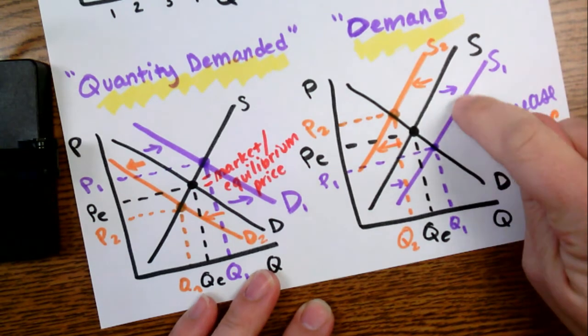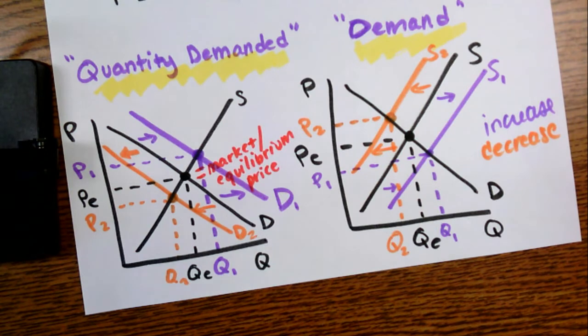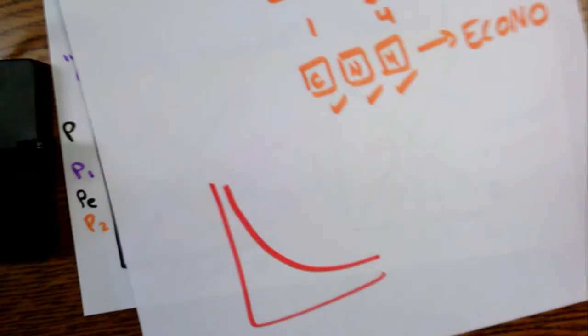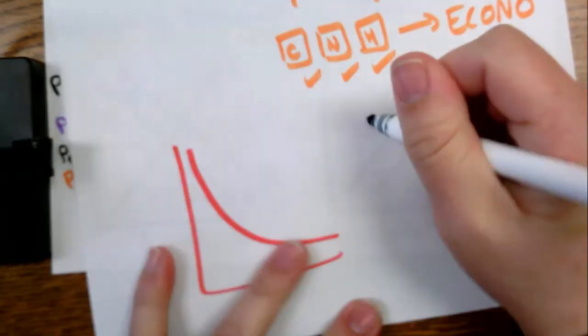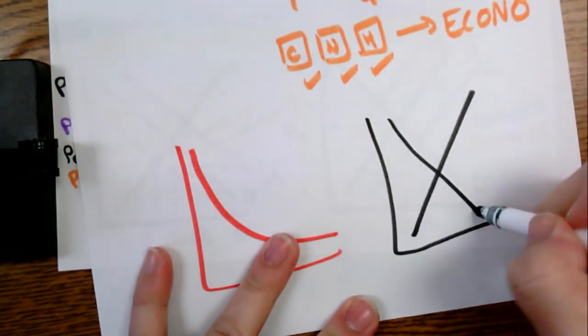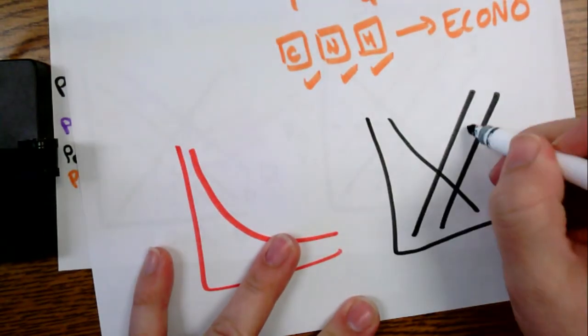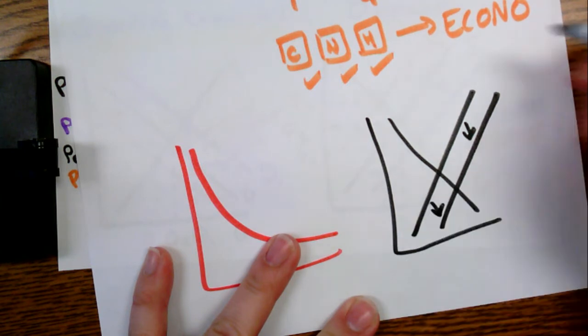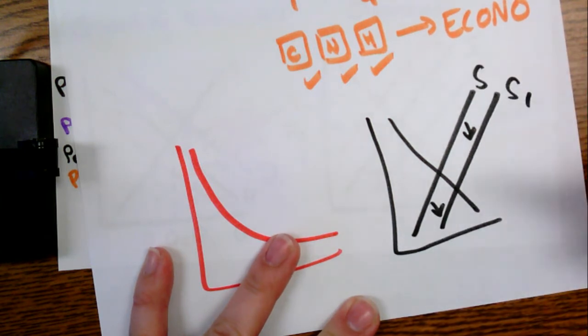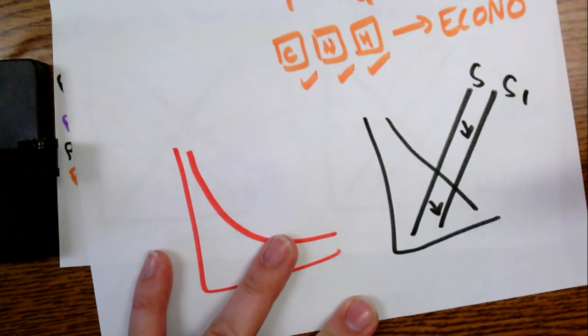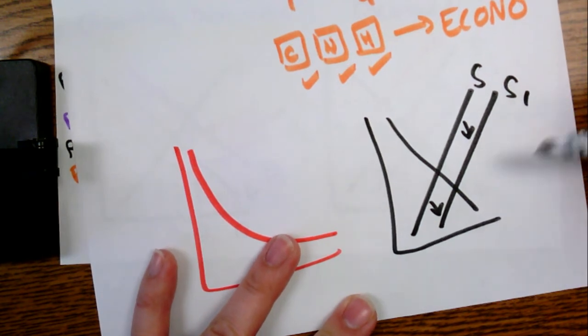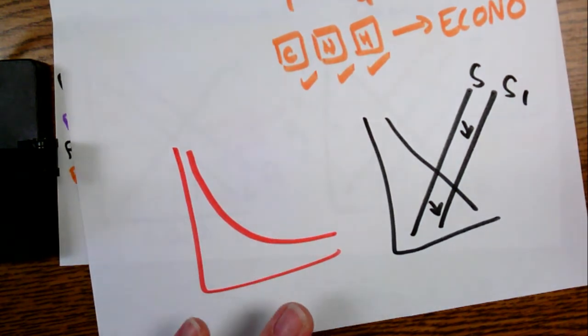See how I did these horizontally? What I did not do is something like this. I'm going to use my scrap paper here because I don't want to make my drawing different. What I didn't do is something like that to show an increase in supply, because that's super confusing for your brain. Your whole life, an arrow that looks like that means down, and you associate the word down with decrease.